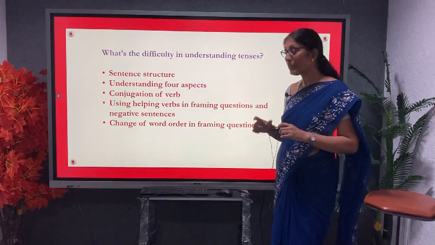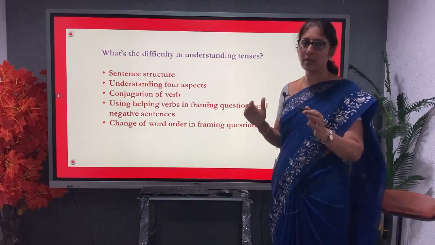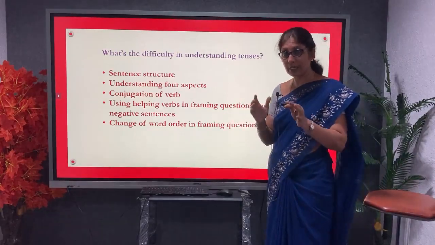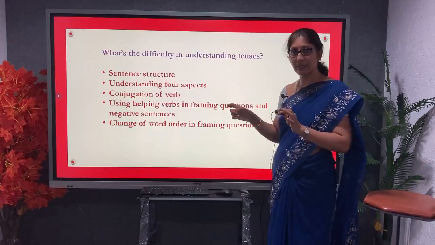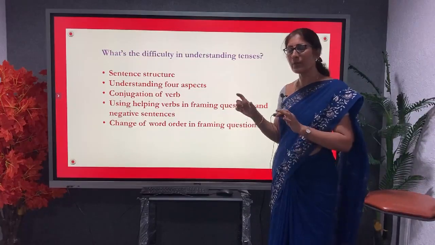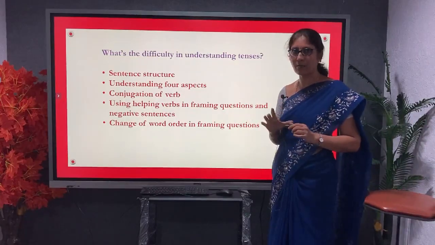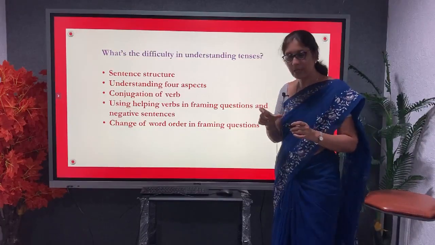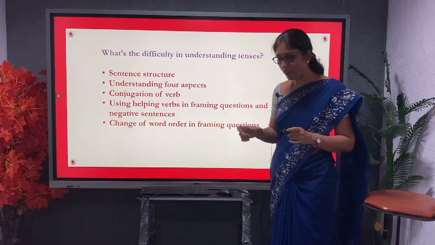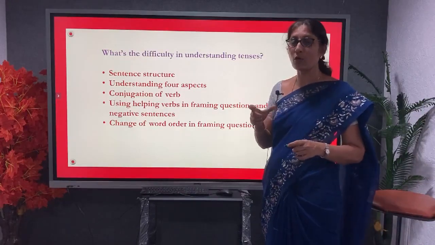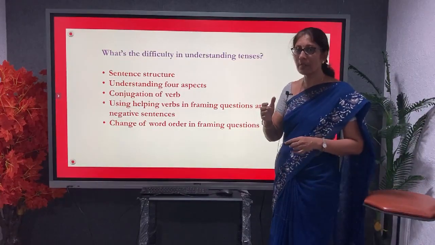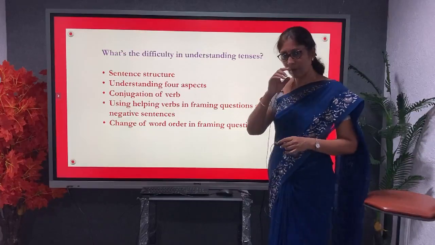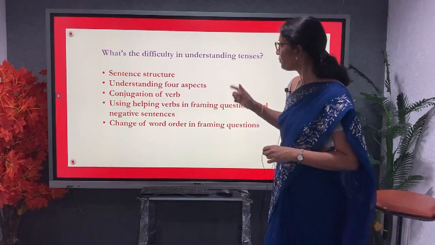In Telugu we don't have that many different types of aspects in tense. That's why it becomes a difficult part for our students. If we understand why there are these many parts, what their objectives are and where we use them, then it will be clear and we will never make a mistake.